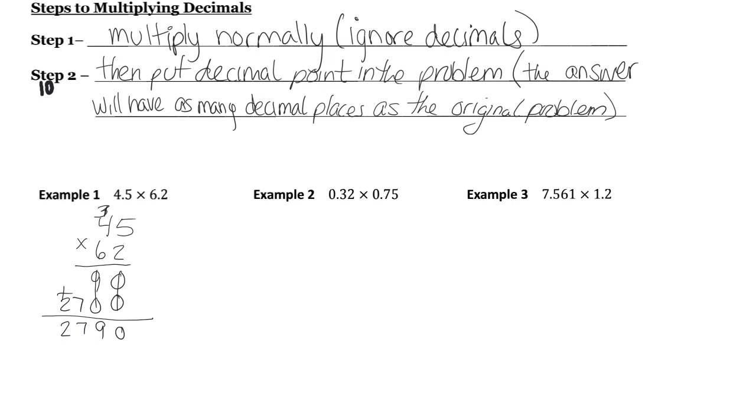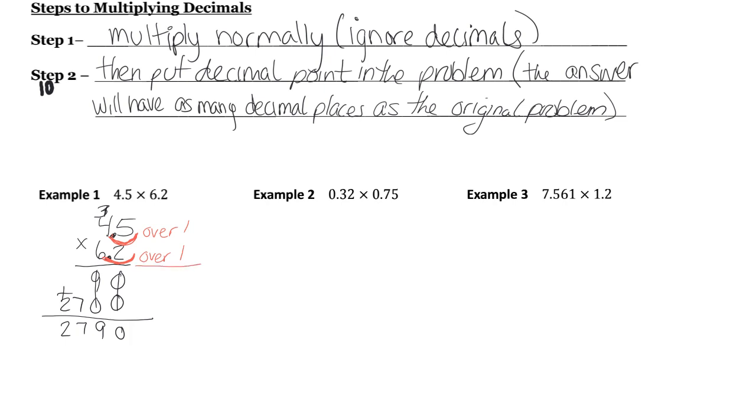So the first thing we did was multiply normal. Now we need to put the decimal point into the problem. I'm going to throw these back in the problem here. We did 45 and 62, so we moved this first decimal place over once, and this bottom one, from 6.2 to 62, over once.